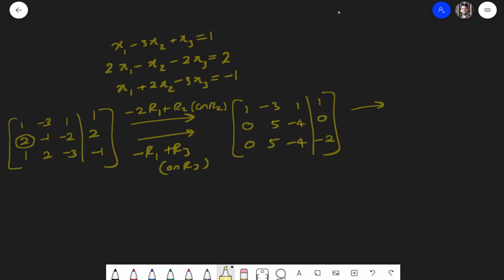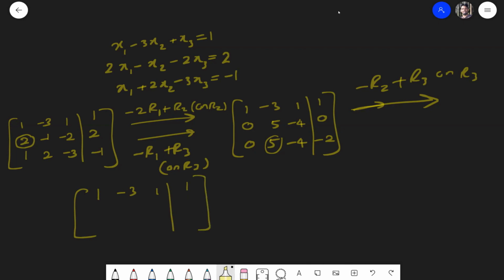Now, next I would like to make this place 0. So let's see what's the operation. How about -1 times R2 plus R3 on R3. Now let me write it over here. So first row, it does not change, like this, and then second row, I'm not going to change it.